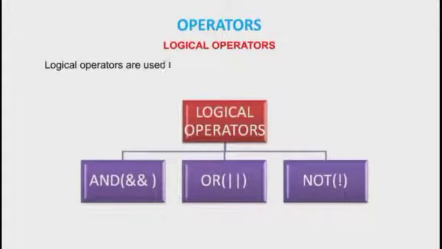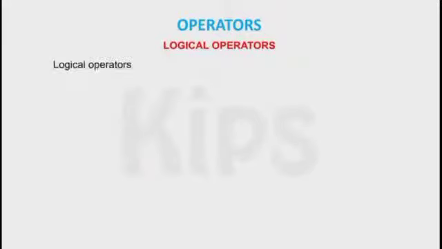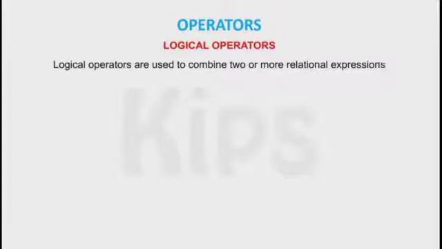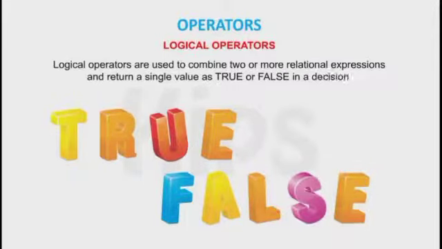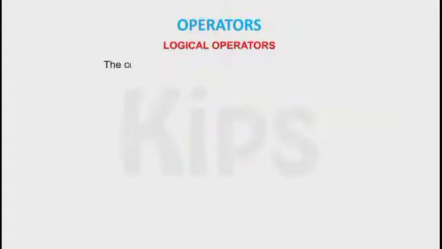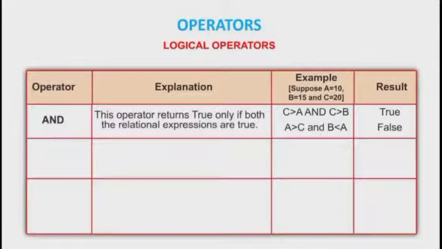Logical operators. Logical operators are used to combine two or more relational expressions and return a single value, true or false, in a decision. The common logical operators are AND, OR, NOT. Suppose A is equal to 10, B is equal to 15 and C is equal to 20.